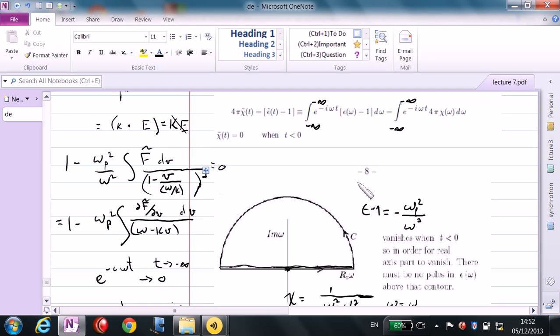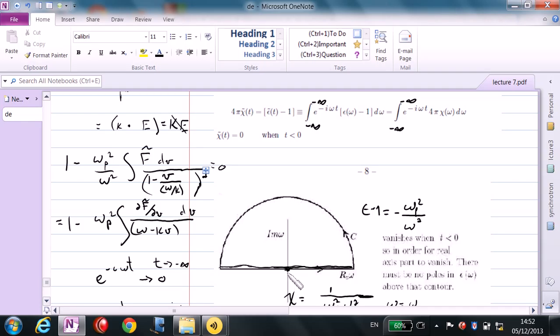I know that. But we're talking about an integral that goes from minus infinity to plus infinity. I want the integral over the semicircle to vanish, and that's guaranteed. All right.